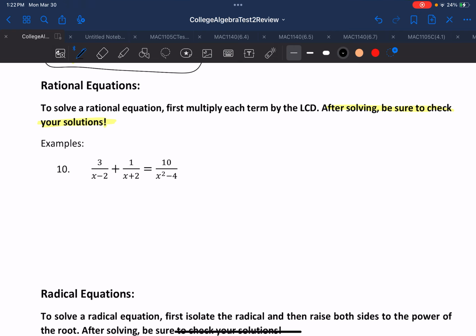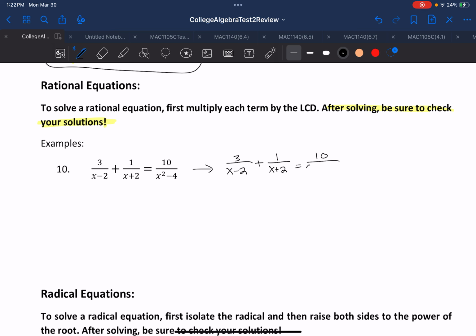All right, so to find the LCD, the first thing we want to do is write this whole thing with all the denominators being factored. So the first denominator already is factored, x minus 2 can't be factored anymore. The second denominator, same thing, x plus 2 can't be factored anymore. But the last one is a difference of 2 squares, x squared minus 4.